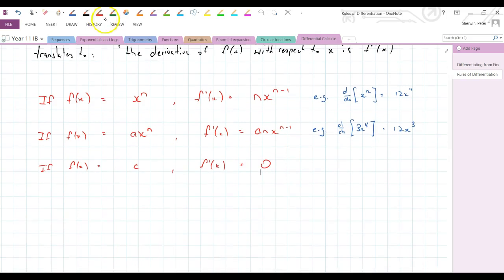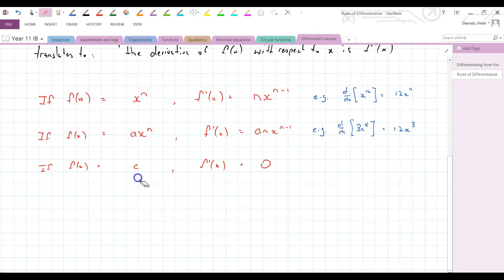So if you think about c, c is just a constant, then we could write it as cx to the power of 0, because x to the power of 0 is 1. If we apply this rule here, where we take the power down and multiply by c, in this case it's 0, so that's 0x, we could put that to the minus 1, doesn't matter, 0 times anything is 0. So any constant will derive back to 0.